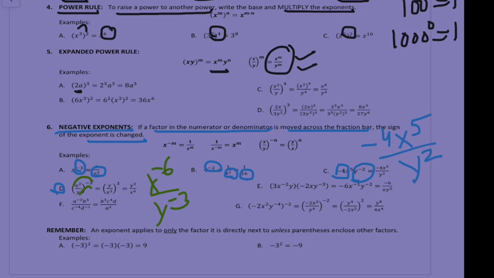So if the power is negative, I can move it across the fraction line, and it becomes positive. And y to the power negative 3 can move to the numerator, so it becomes y to the positive 3. So that's why your answer is y to the power positive 3 over y to the power positive 6.